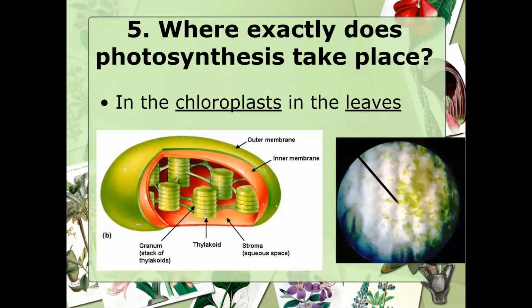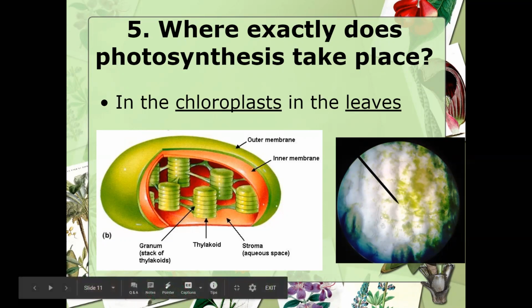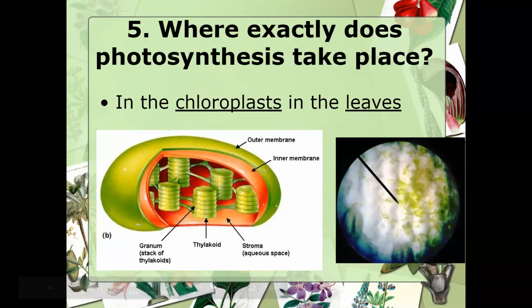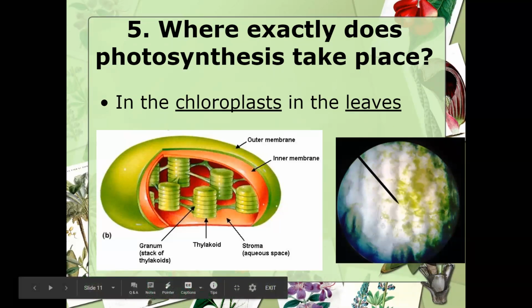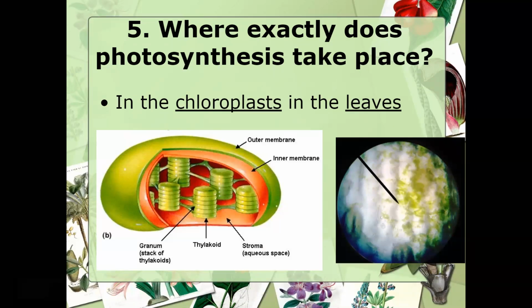This drawing here is a representation of what a chloroplast looks like. And this picture here is actually a picture that I took through the lens of a regular light microscope, which I was very, very happy about, because usually to see anything under a microscope you need to put a dye on it, since a lot of things are fairly clear and not easy to see.